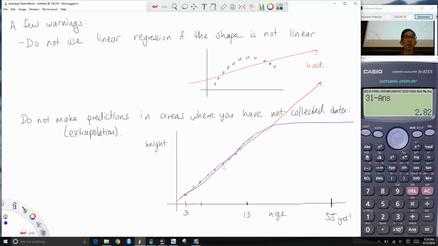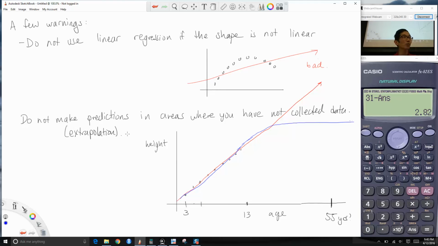Or let's say you've got a whole bunch of data, right? Going back to the snakes, you want to know how much a snake is supposed to weigh if it's 25 centimeters long, okay?